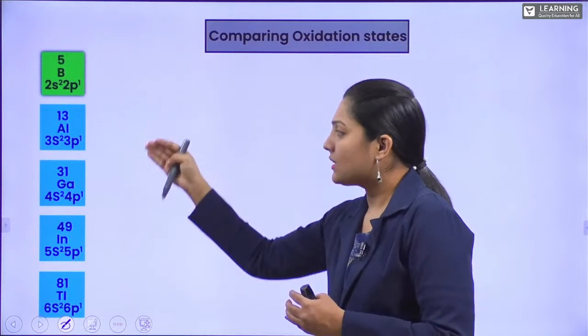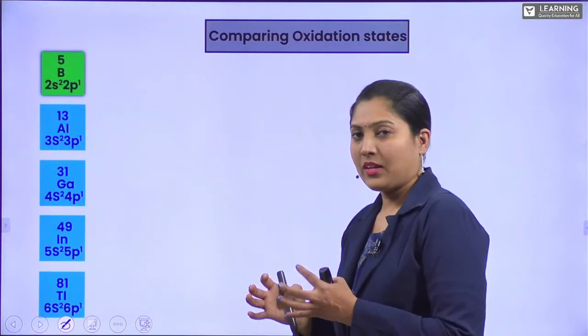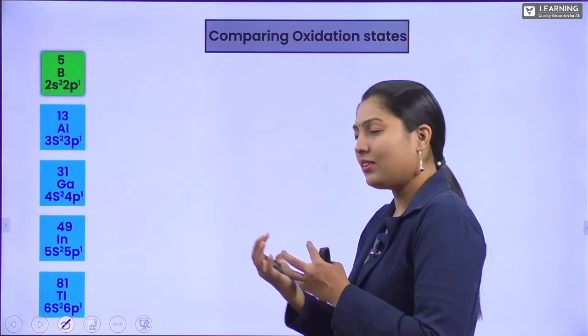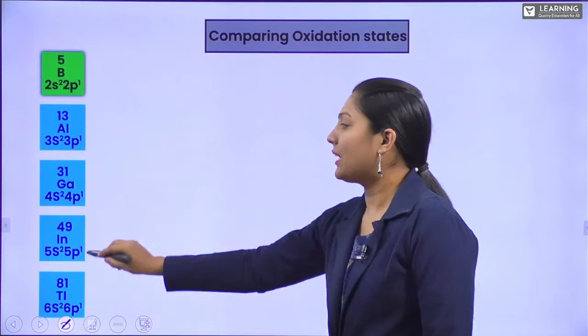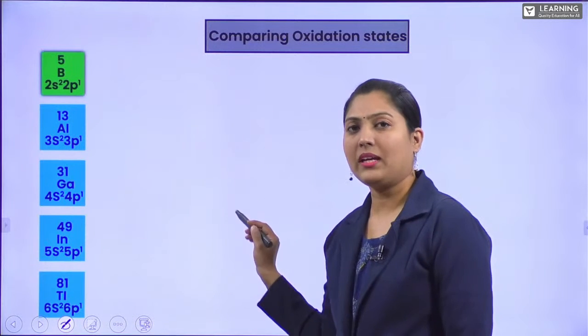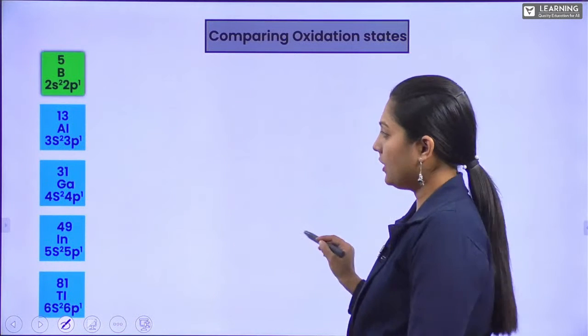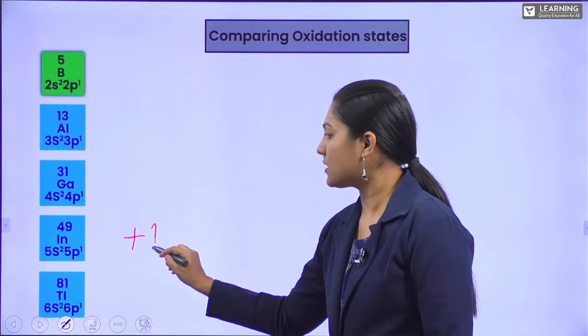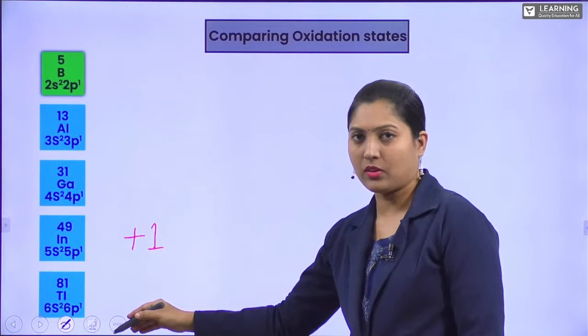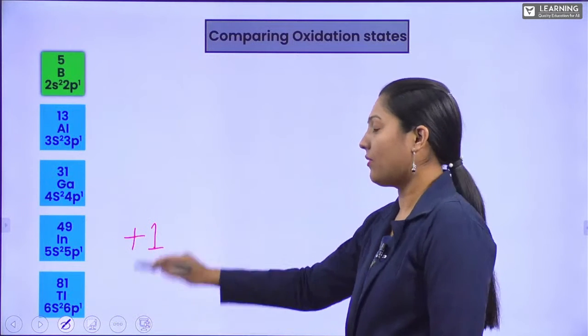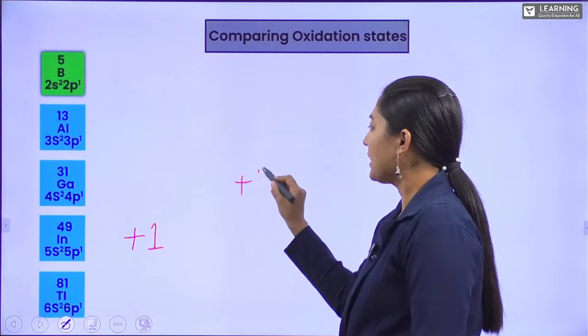So what happens? The size decreases comparatively, so that the electrons cannot be removed easily. Got it? The +1 state will be favorable for the heavier elements, where +3 cannot.